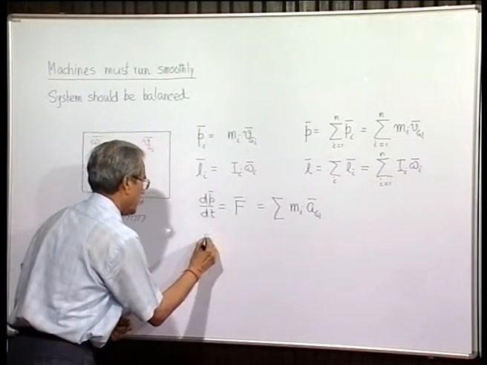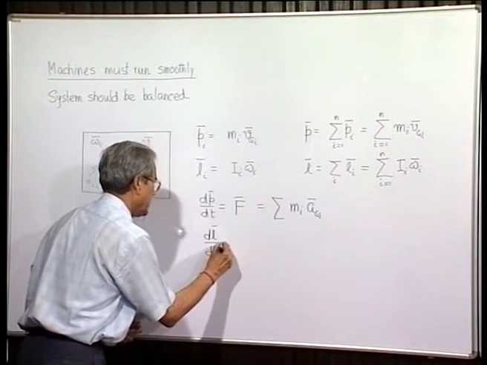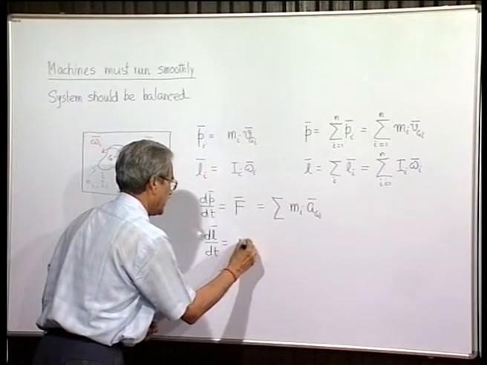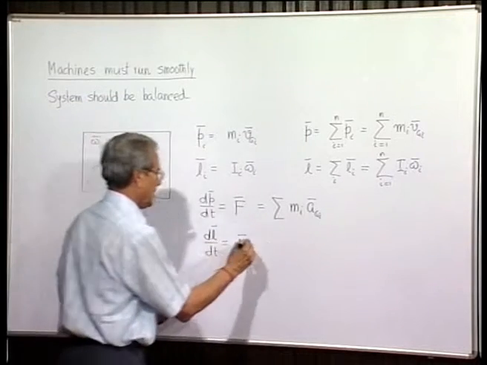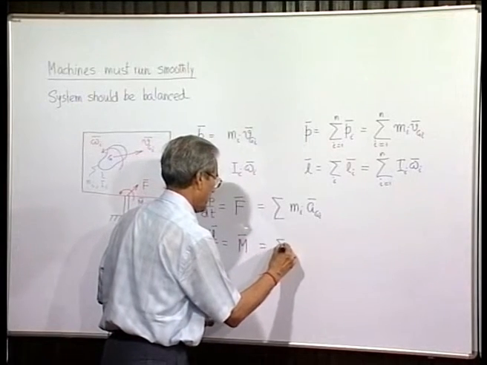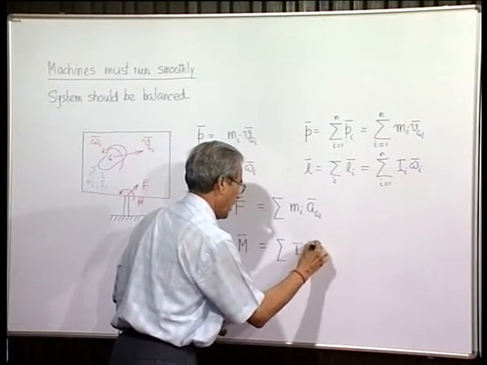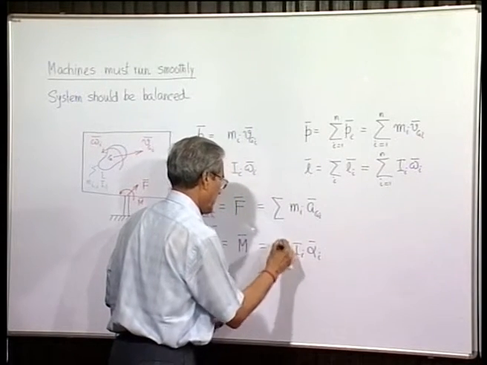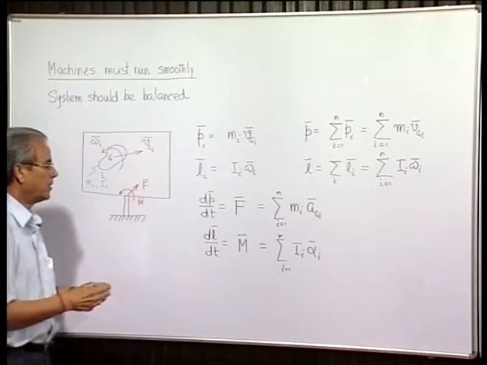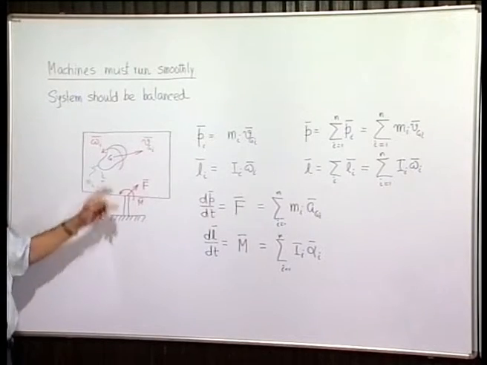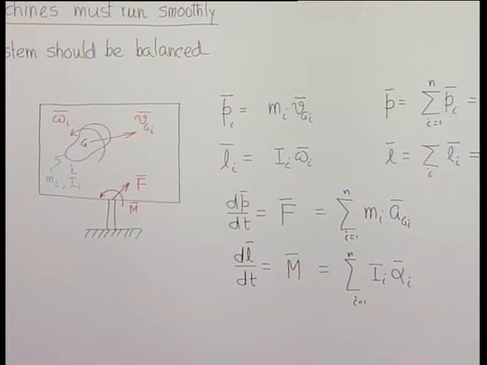Similarly, the total angular momentum's instantaneous rate of change is nothing but the moment which is acting on the body from outside, where alpha_i is the angular acceleration of the ith component, and A_Gi is the linear acceleration of the center of mass of the ith component.